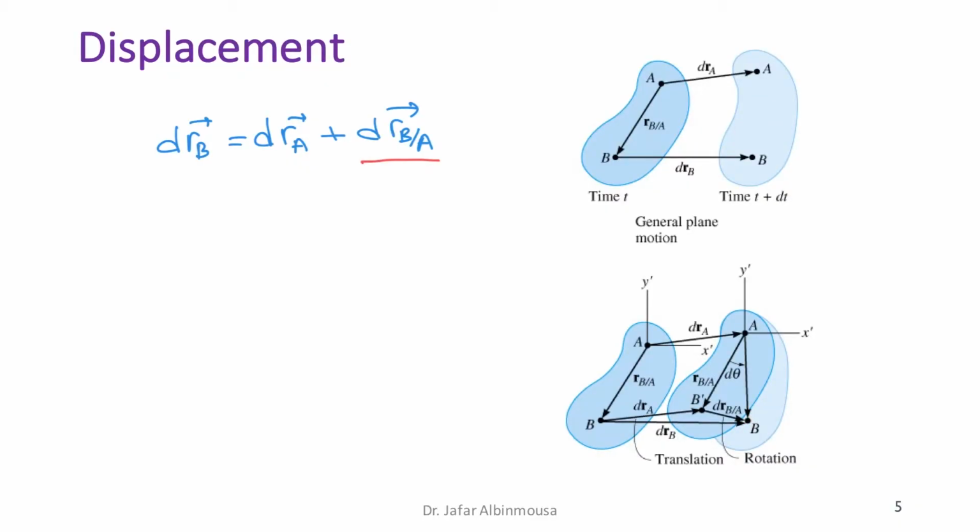To conclude, we will have the displacement of B, which was due to translation and then rotation. This movement was made by the rotation, and it can be calculated by considering the change in this vector, plus this vector right here.